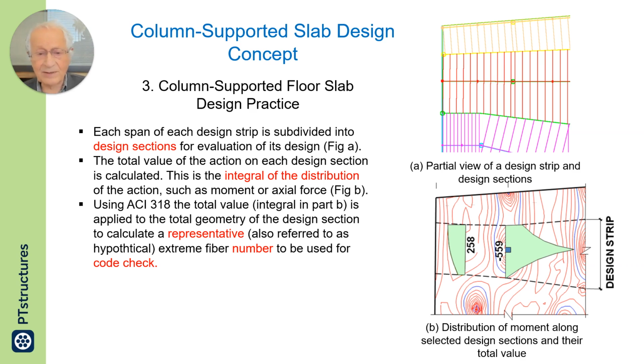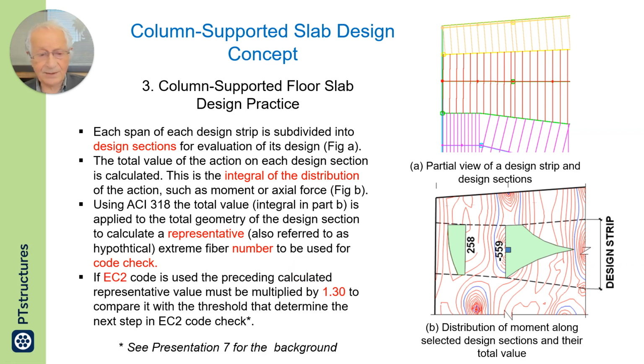These allowable stresses are derived from application of the total value of the integral to the total section. So they are more representative numbers of the state of the location. This is both in ACI and EC2.